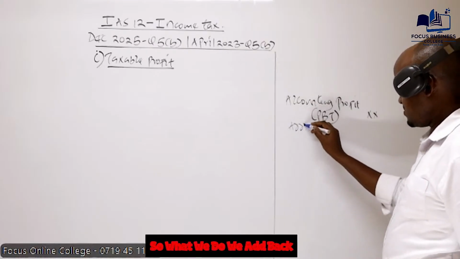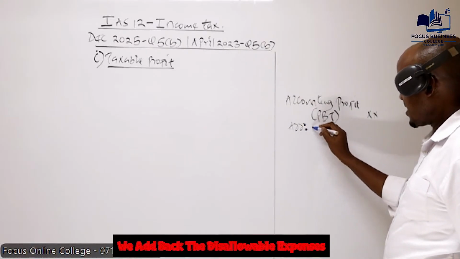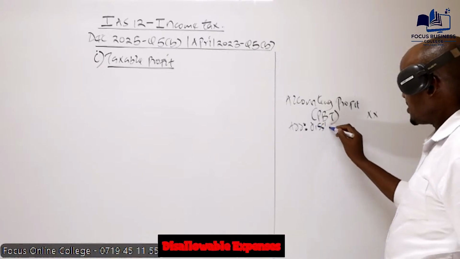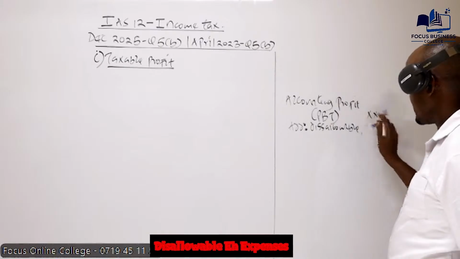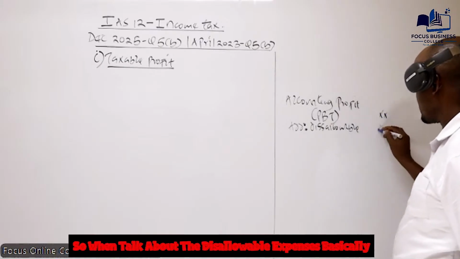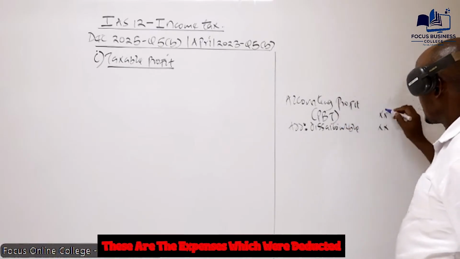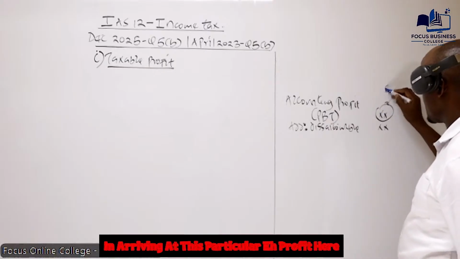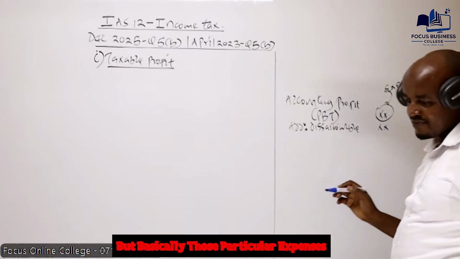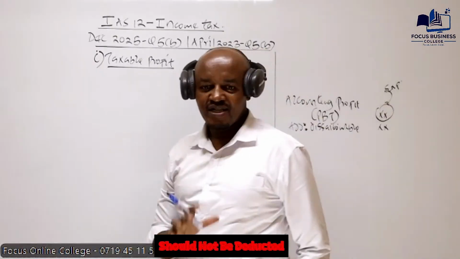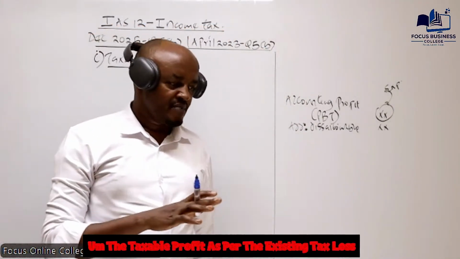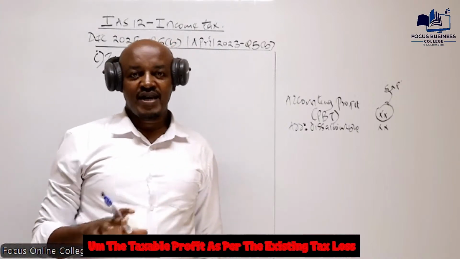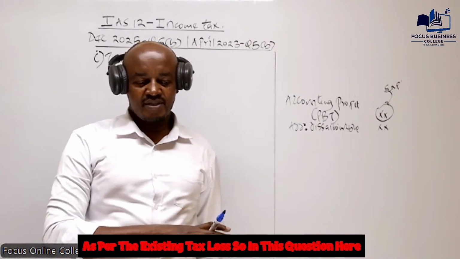We add back the disallowable expenses. Disallowable expenses are the expenses which were deducted in arriving at this profit, but which should not be deducted from the total income of the company in computing the taxable profit as per the existing tax laws.